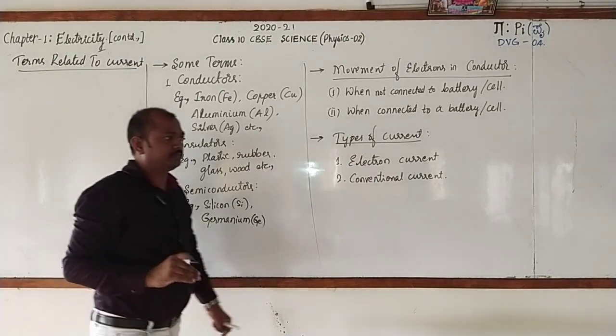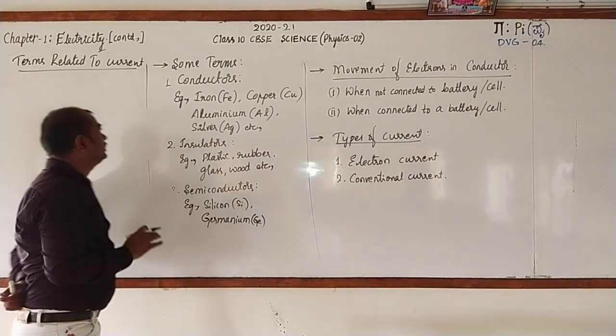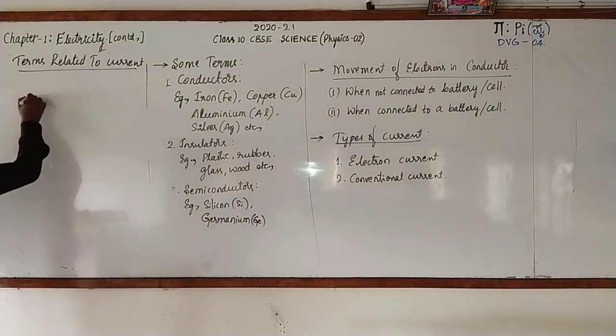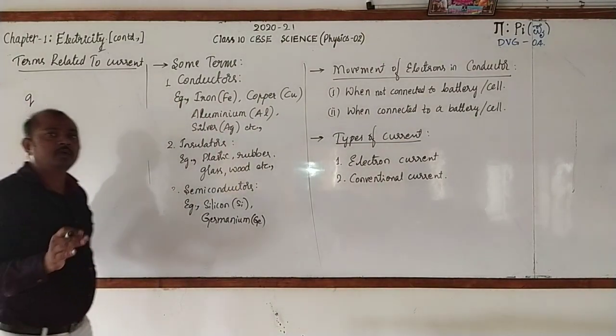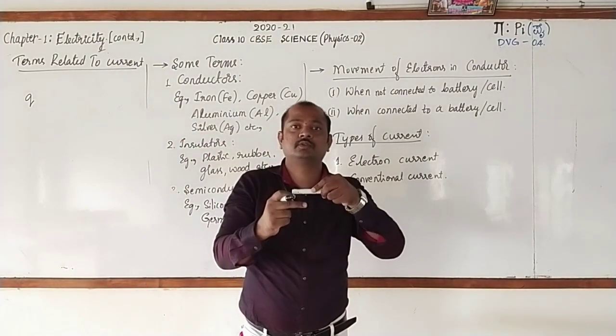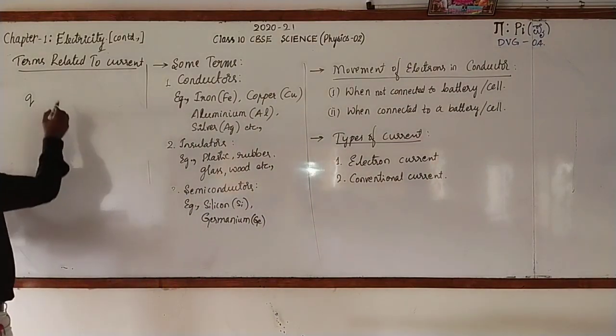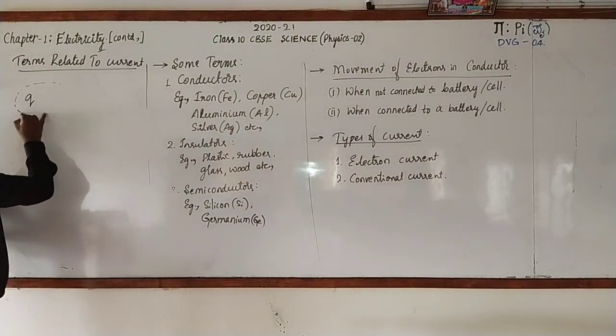Dear students, we are very familiar with the charge, right? And it is denoted by the symbol Q. What do you call the region around the charge where the electrostatic force is present? Yes, it is called electric field.